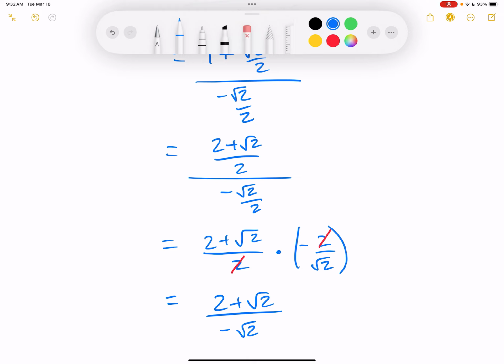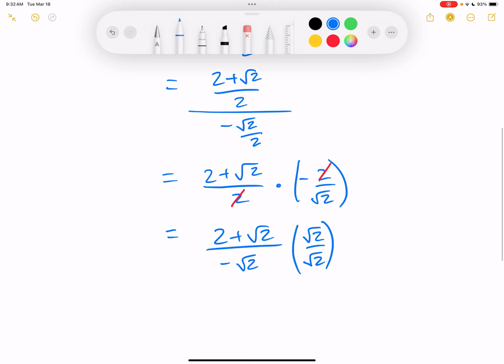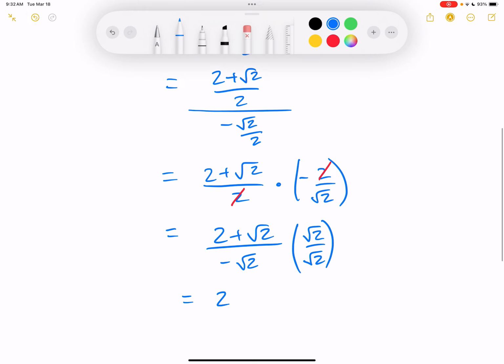What would I need to do? Multiply by root 2 over root 2. There we go. So then on the bottom, that's just going to give me a negative 2. On the top, I'm going to have 2 root 2 plus 2 over negative 2.